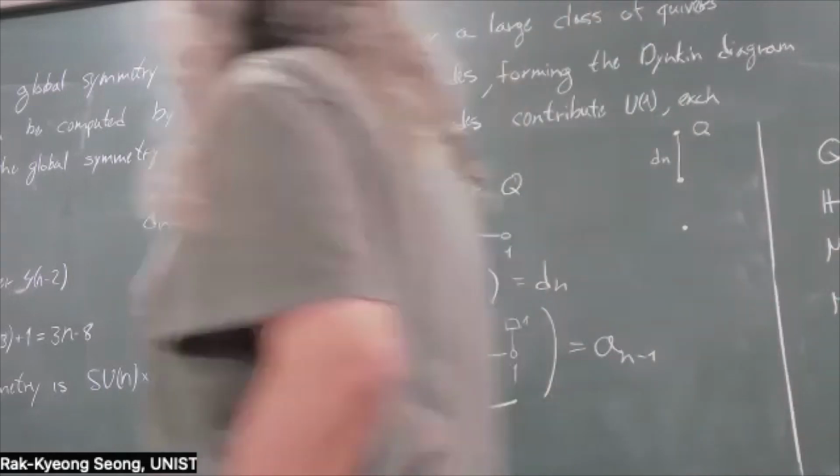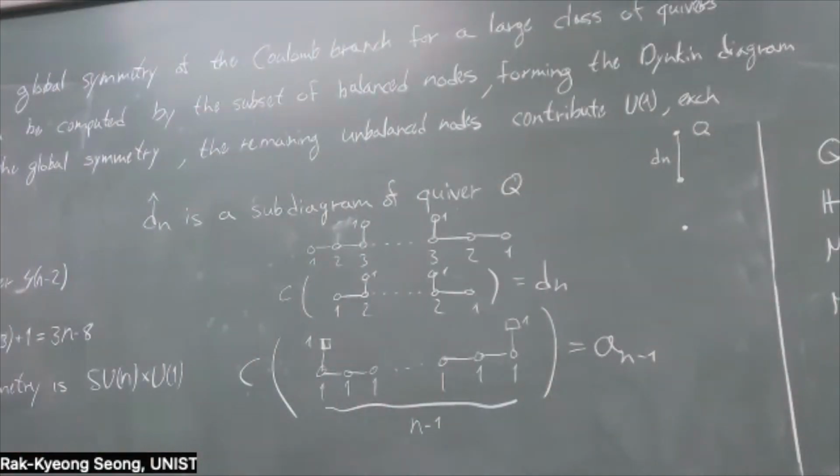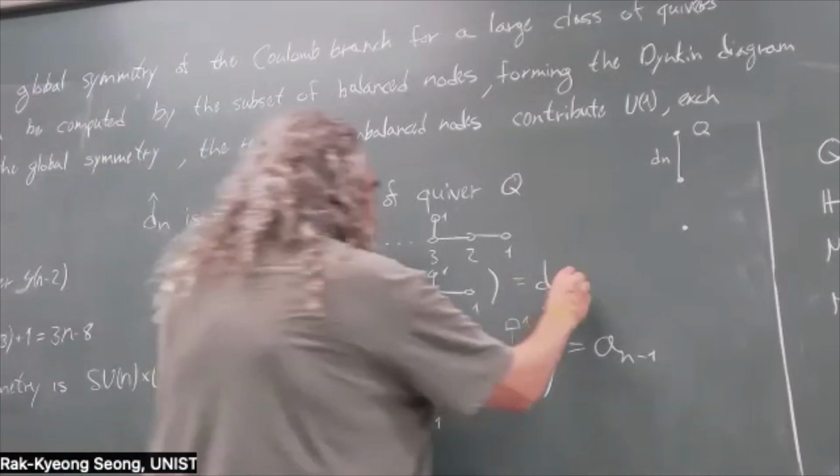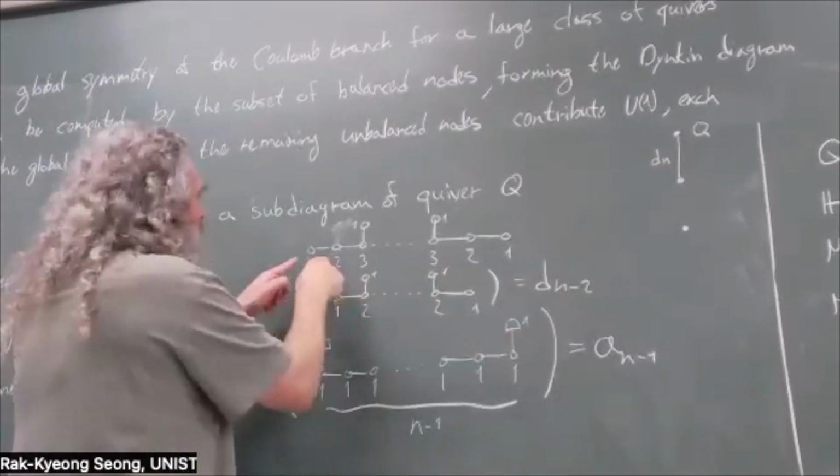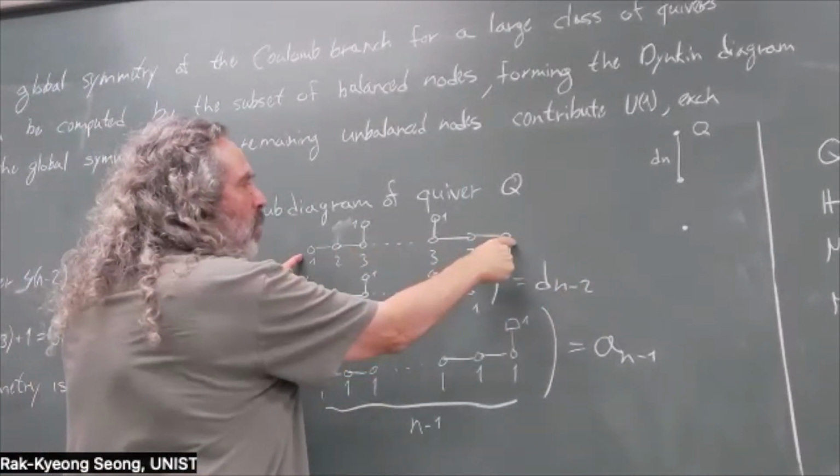There is a problem with the counting. Let's see why, right? So here there are n-1 nodes.